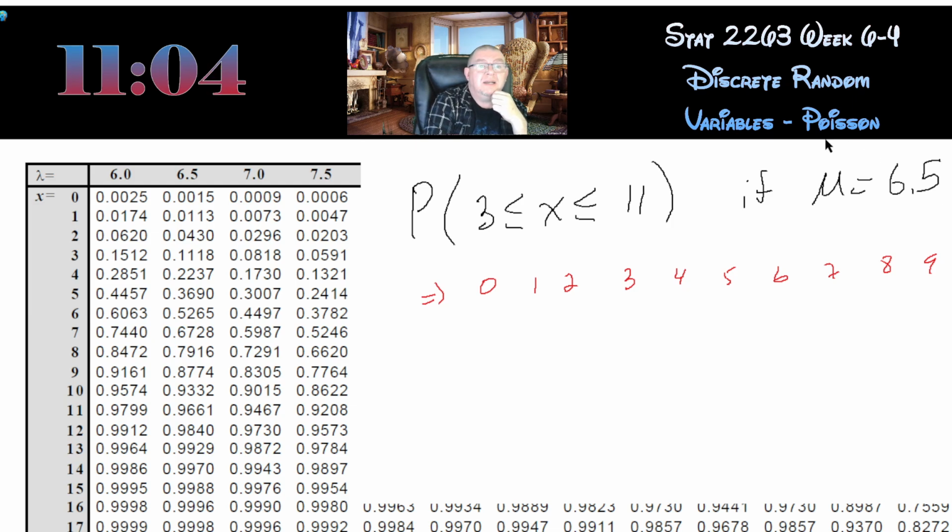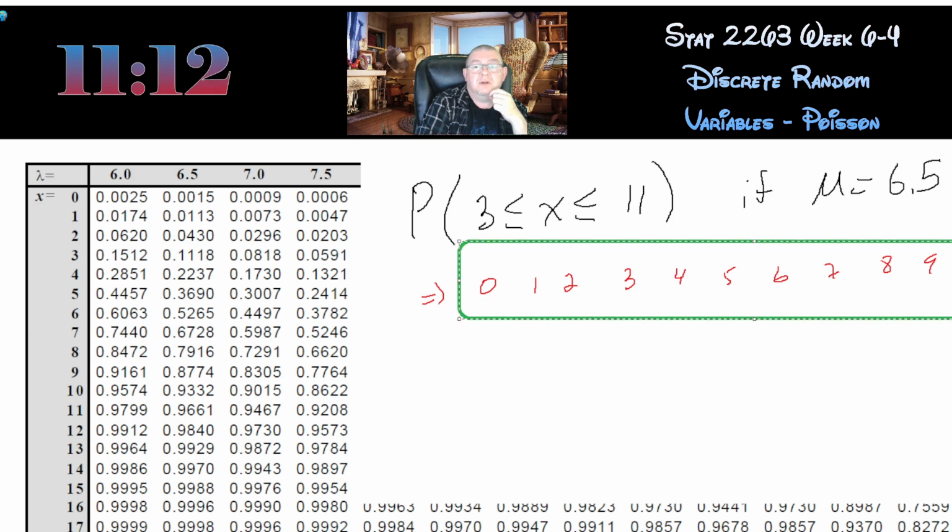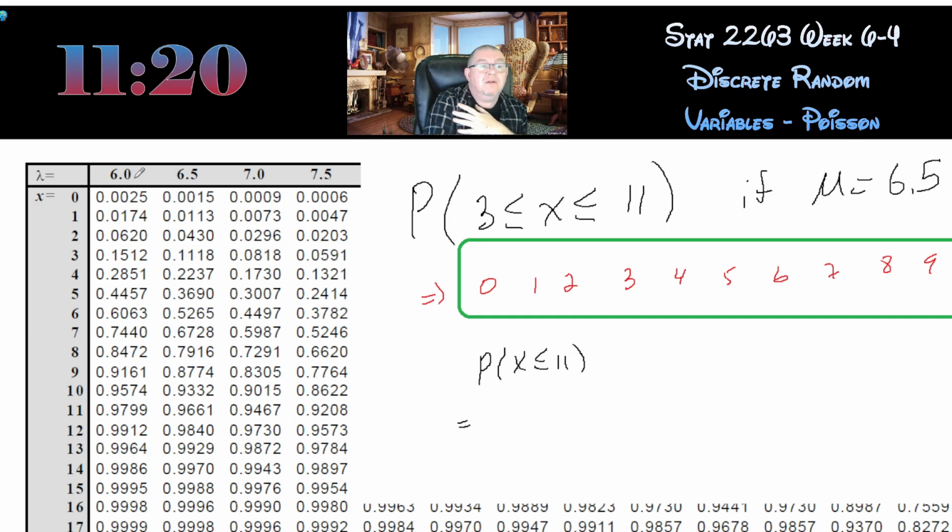And what I see in this situation is I want all the numbers 11 or lower. And I can calculate that on my table. So I want the probability x is less than or equal to 11. And for 6.5, less than or equal to 11 is 0.9661.